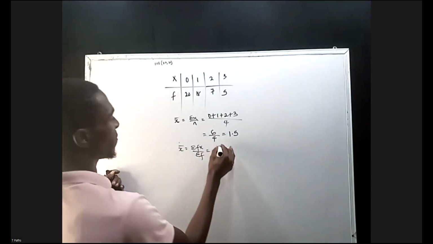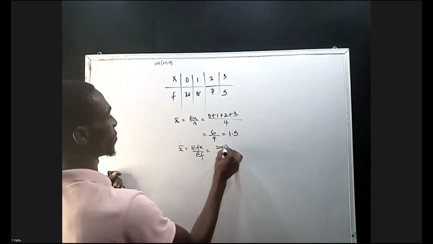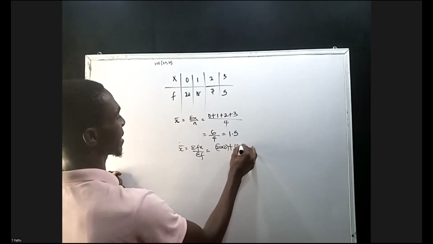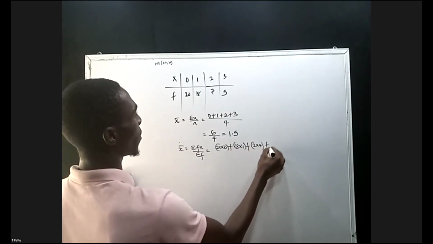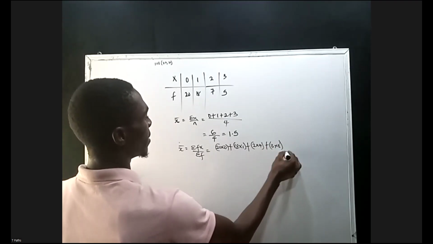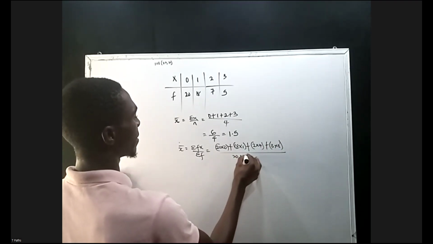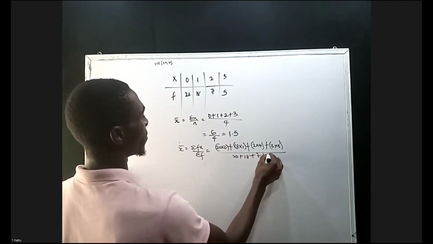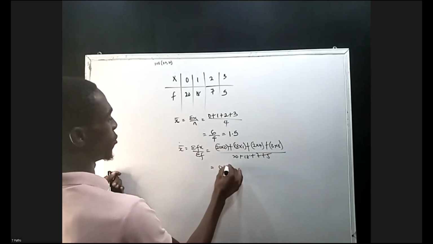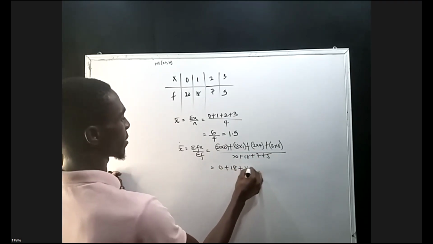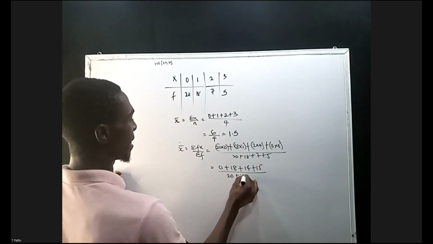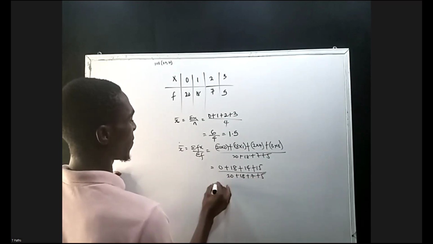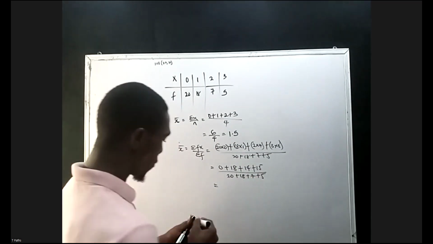Now summation fx is 20 times 0 plus 18 times 1 plus 7 times 2 plus 5 times 3, divided by 20 plus 18 plus 7 plus 5. Here is 0, 18, 14, then 15, divided by 20, 18, 7, 5. Add the above together. What do we have?